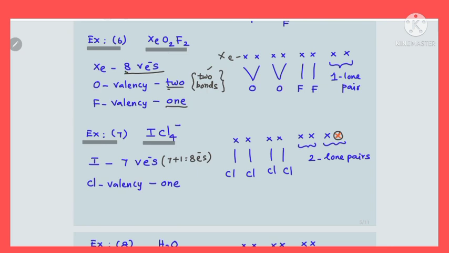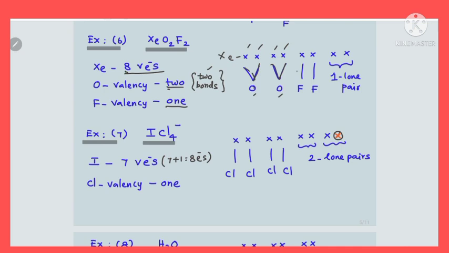Now in the compound there are 2 oxygen atoms, and each oxygen is capable of making 2 bonds. This oxygen makes 2 bonds with xenon, another oxygen also making 2 bonds. So to make bonds with 2 oxygen atoms, xenon is using totally 4 electrons. Okay, right. Then there are 2 more fluorine atoms.